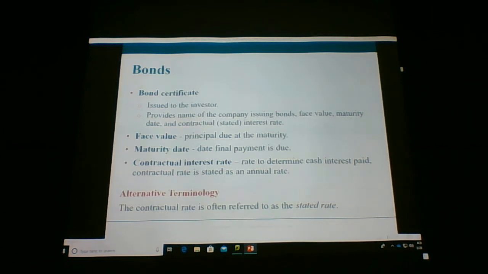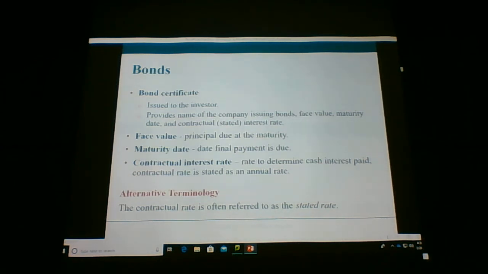So when you own a bond, you are a creditor of the company. You may own a bond that was issued by the company, but you do not own any part of that company. Much the same way as if you were to borrow money from the bank, you would owe the bank money, but let's say that you borrowed money from a bank to start a business. Well, the bank does not own the business. They would just have a claim against your business for the amount of the loan.